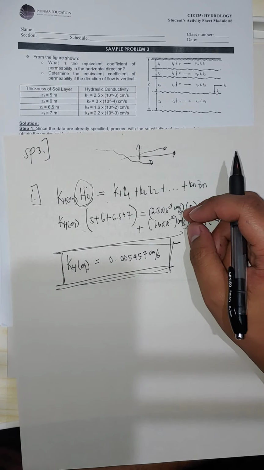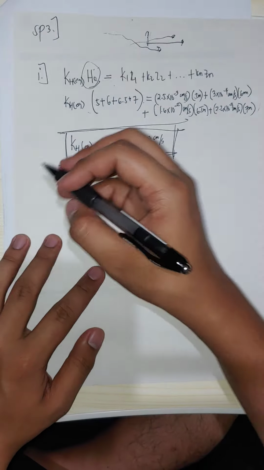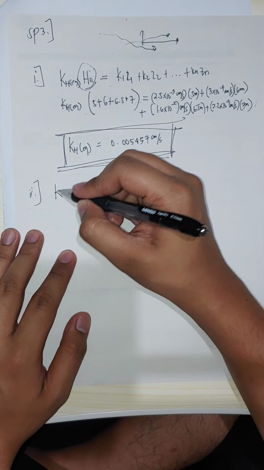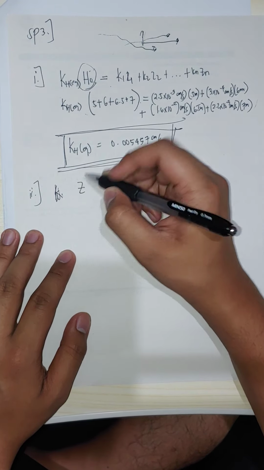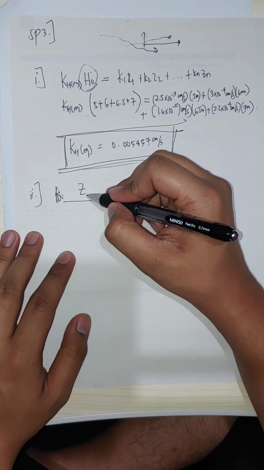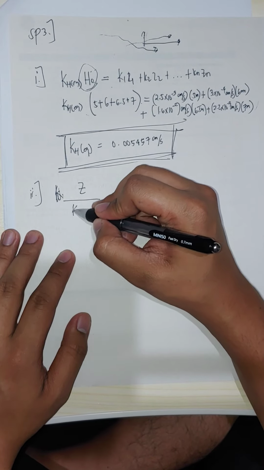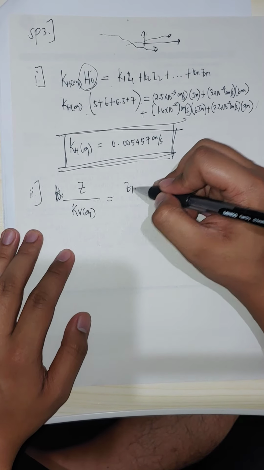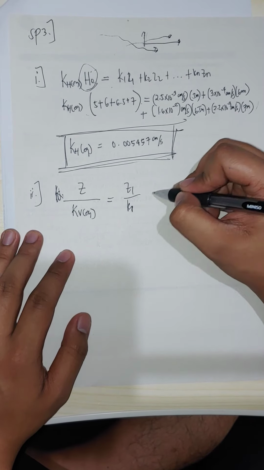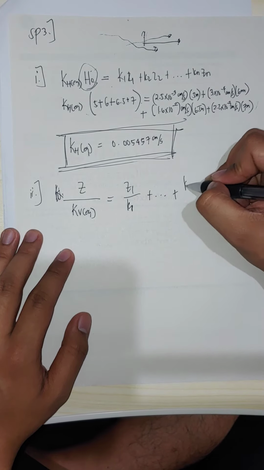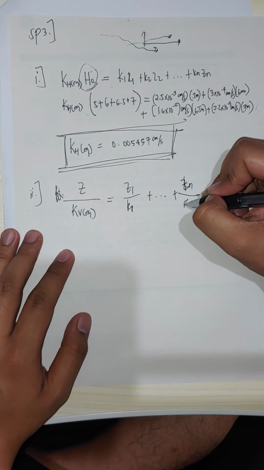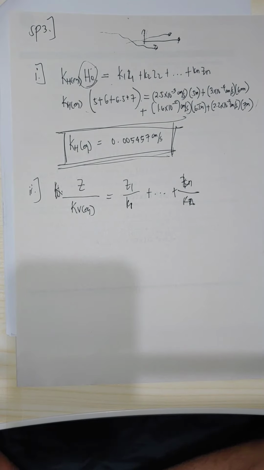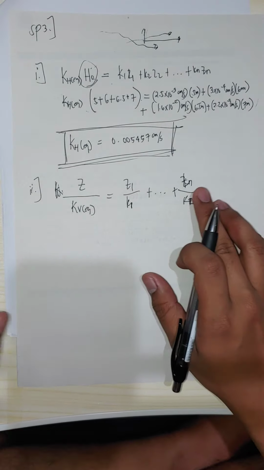And then for our vertical, so ito ang vertical, no? If you remember, that is katong, sorry, this is Z. This is the total thickness lugar, no? Z over the KV equivalent is equal to itong Z1 over K1 plus until sa Zn over Kn. And then to solve for KV, so ato lagi po na siyang i-sulat diri.